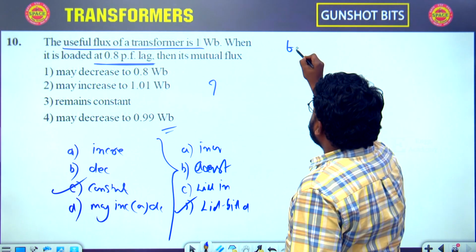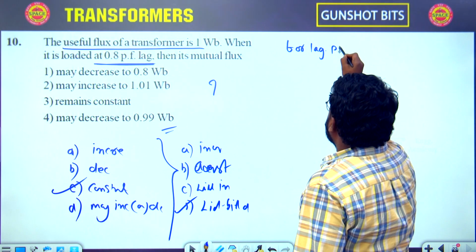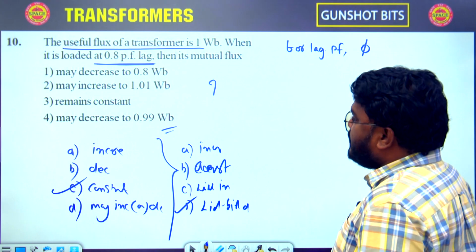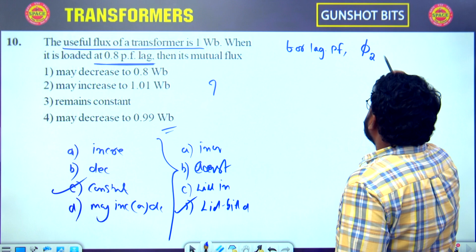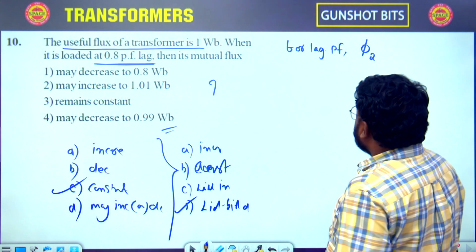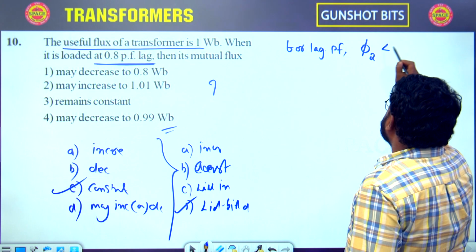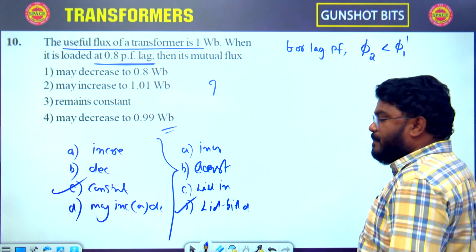For lagging power factor loads, this is a load component. Here phi 2 is a little bit less as compared to phi 1 dash.